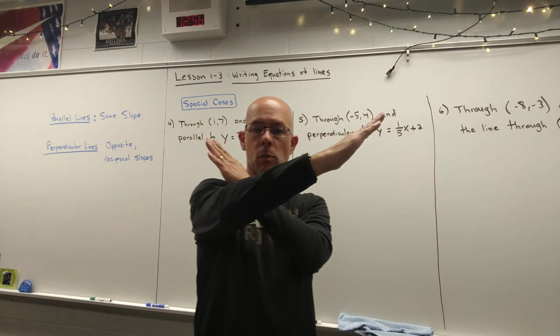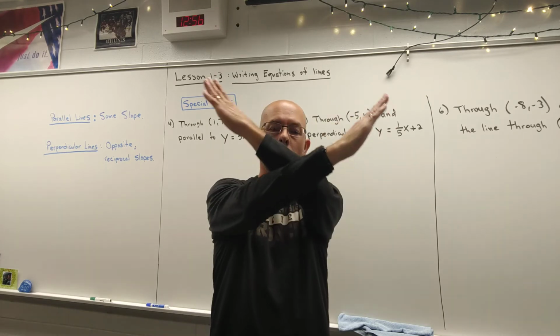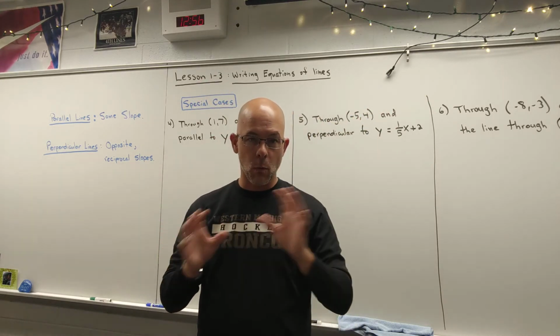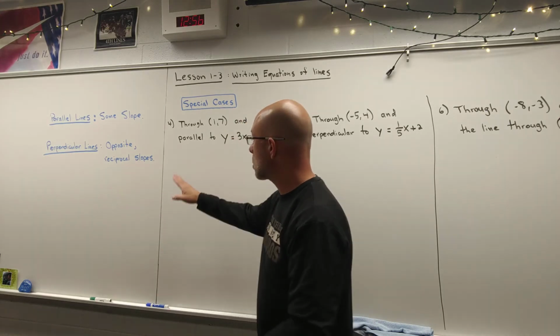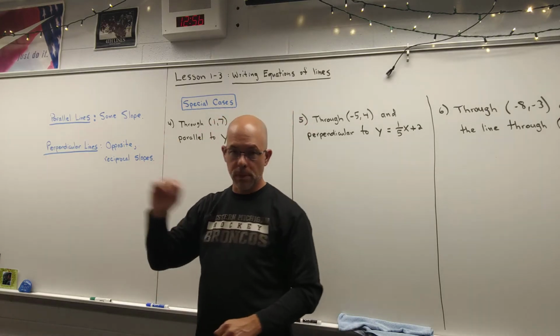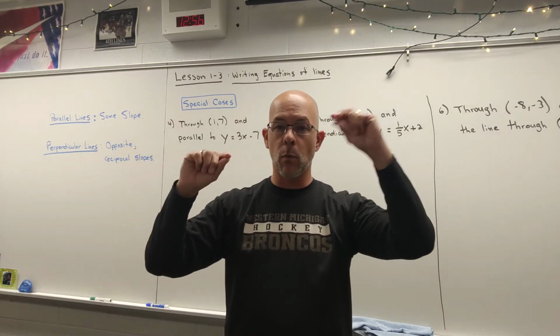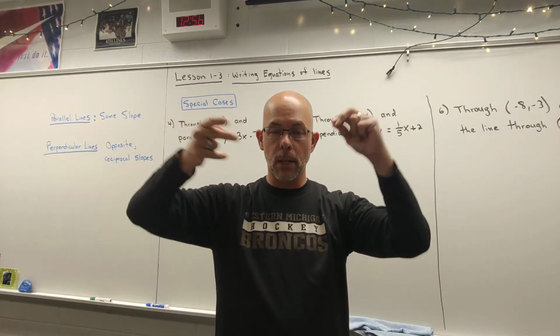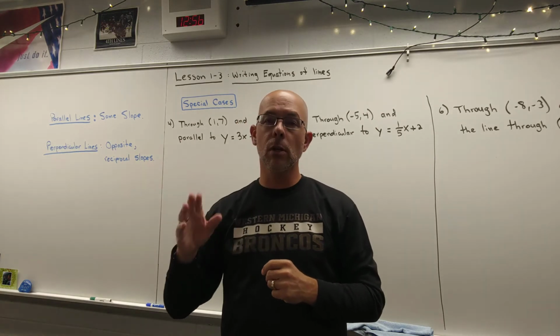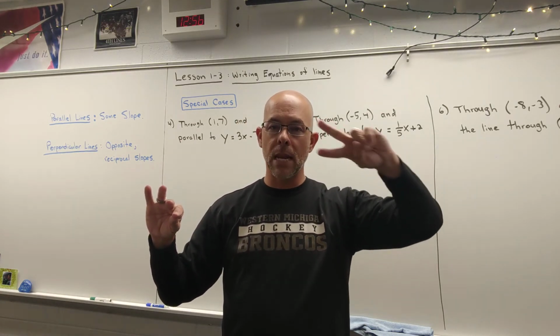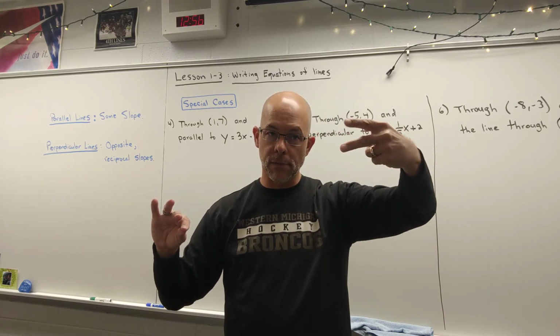So if one's going this way, which is a positive slope, and one's going this way, which is a negative, their slopes are going to have different signs, one positive, one negative. That's called opposite reciprocal specifically, meaning one will be positive, one will be negative, and whatever one is, the other will be flipped. Like if one slope was 2/3, its opposite reciprocal would be negative 3/2.